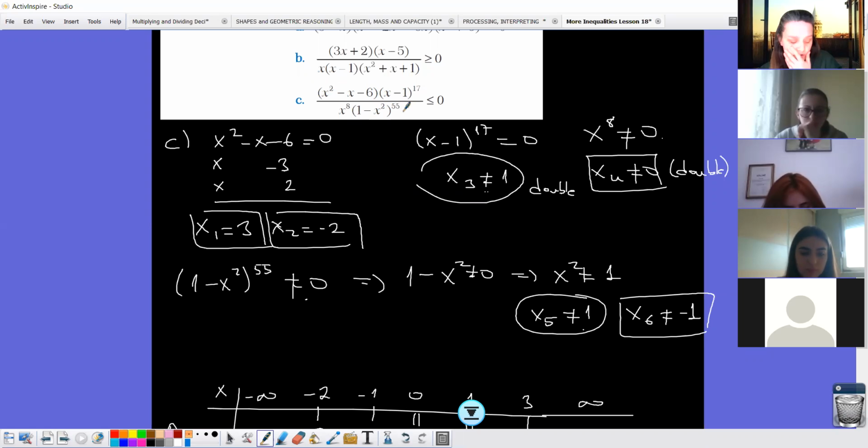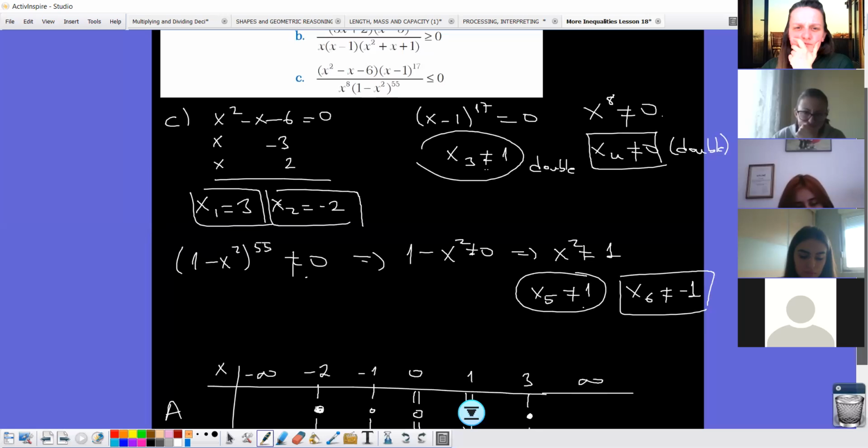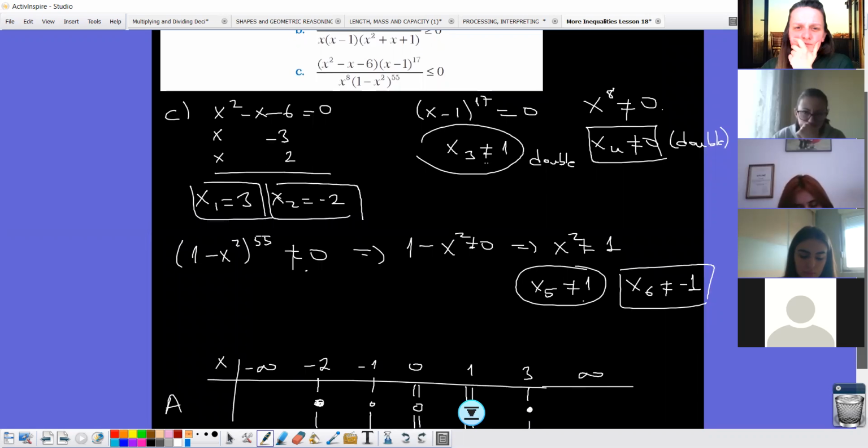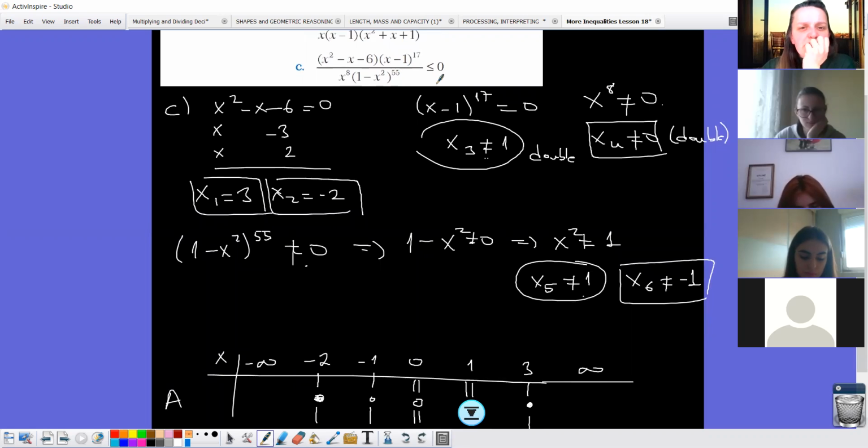So the leading term will be x to the power of 55, negative, positive.